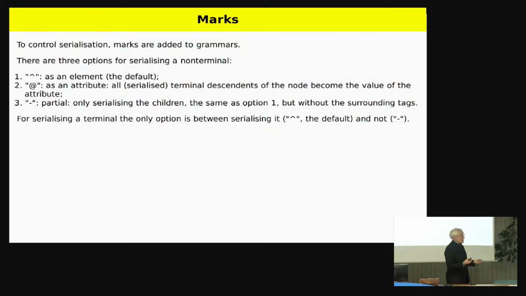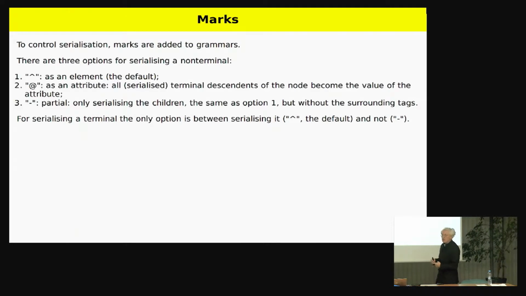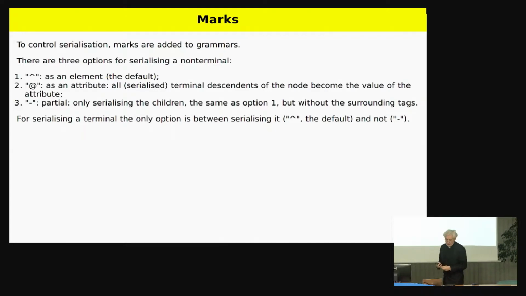So to control the serialization, there are three possible things you could do. The default, which is the hat symbol. You hardly ever need it because that's the default, but it says the rule should be serialized as an element. At, which says that the rule should be serialized as an attribute, in which case all the terminal elements of the parse get collected together as the value of the attribute.